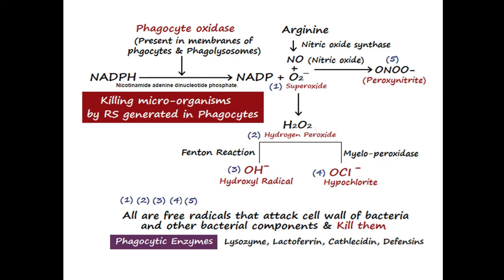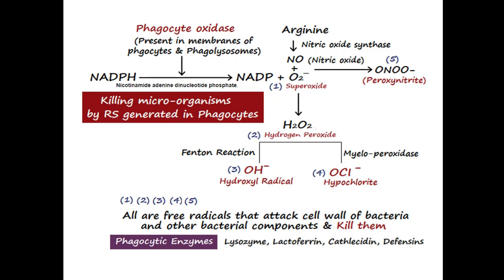Now this superoxide can also combine with nitric oxide, which is derived from arginine by the enzyme nitric oxide synthase, and after nitric oxide combines with the superoxide, it forms another strong free radical known as the peroxynitrite.